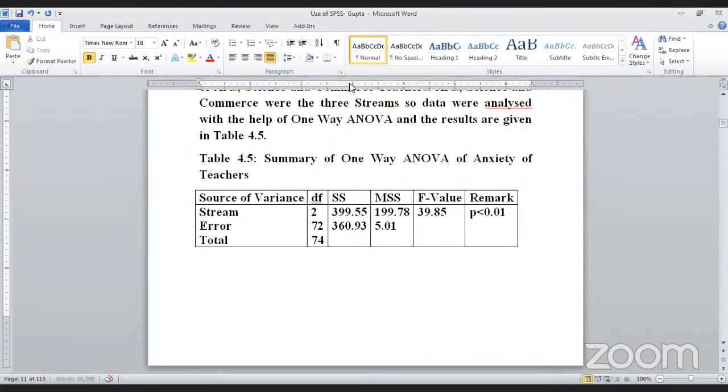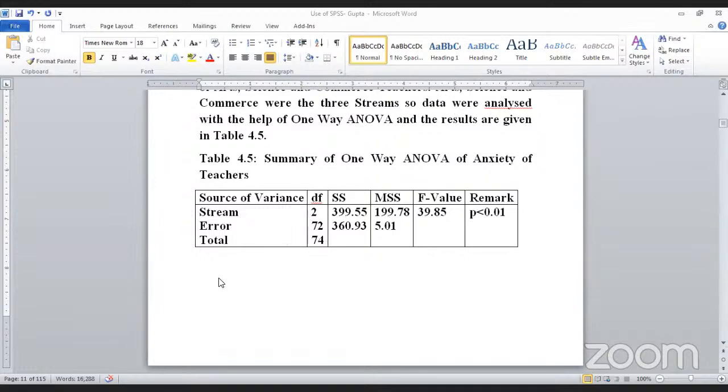This will be the table heading that you should write. Because here it is at 0.01, I can write the maximum, no problem. Because it is 0.01, and 0.01 is lower than 0.05, so I can write the 0.01, no problem at all.